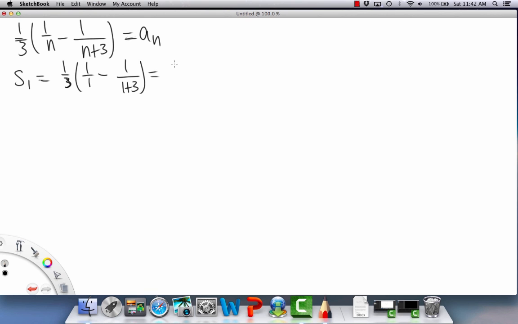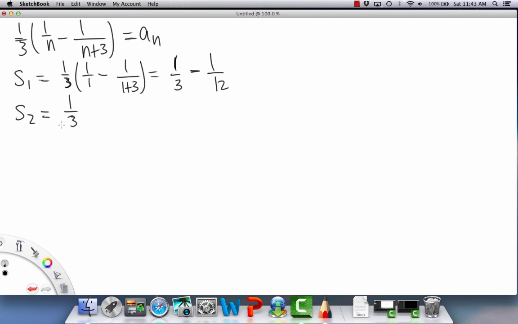This comes out to be 1 over 3 minus 1 over 12. You can check by yourself, but I'm just going to write all of the partial sums here to save time, so I'll show the final result.